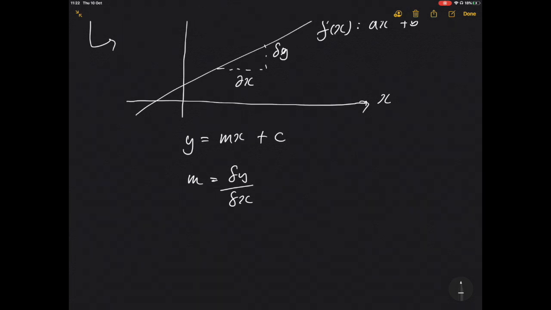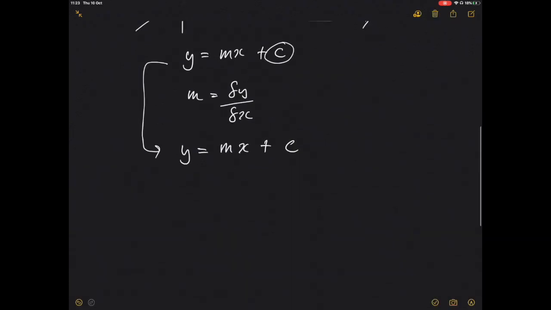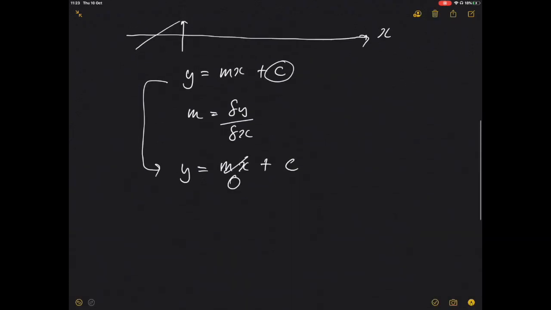We can also use this c term to find out where we cross the y-axis. This is done by substitution. For example, if we want to find out where the line crosses the y-axis, we can say that y equals mx plus c, but we want x to be equal to 0. Because this is equal to 0, we can say that y equals c.